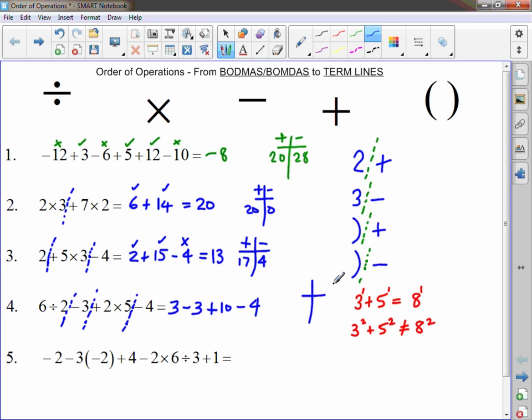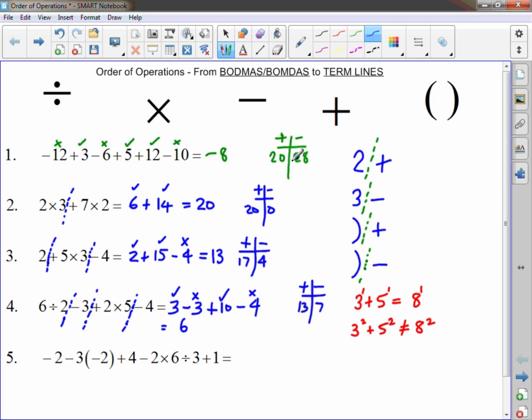We set up our little table once again, with positives and negatives. There are 3 and 10, that means there are 13 positives. Negative 3 and negative 4 leaves us with 7 negatives. That means the positives win by 6.